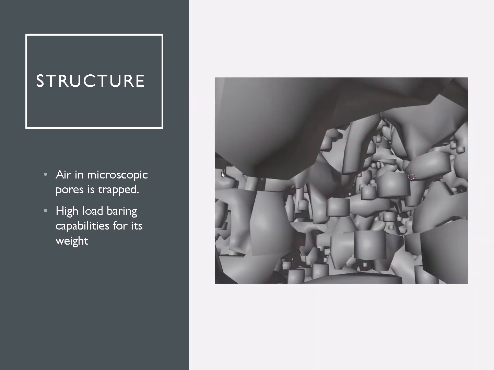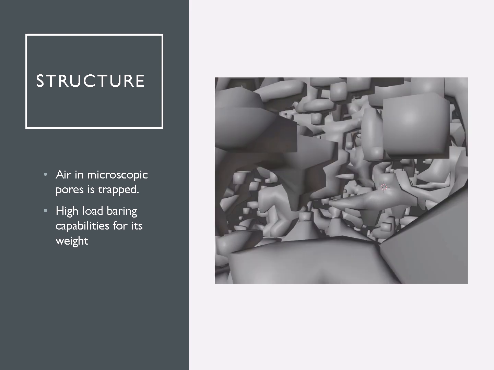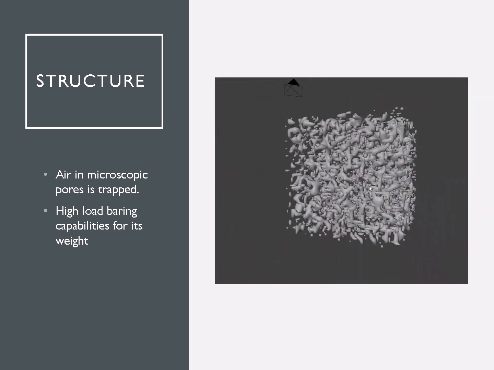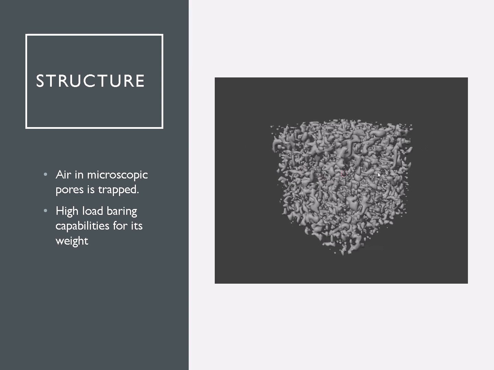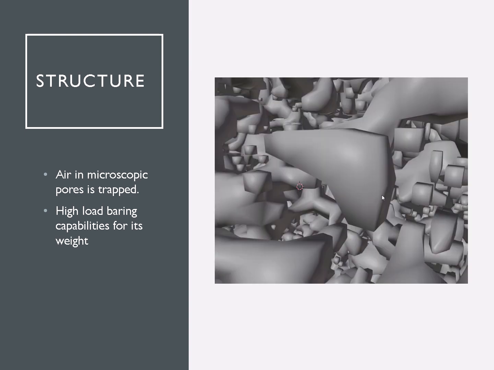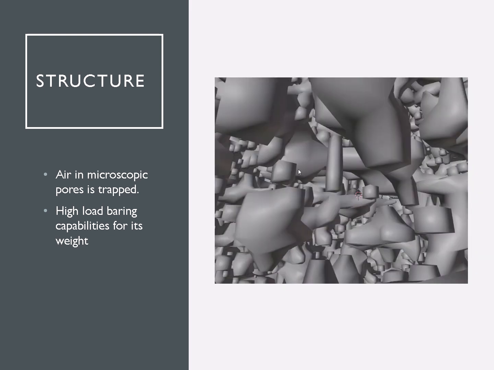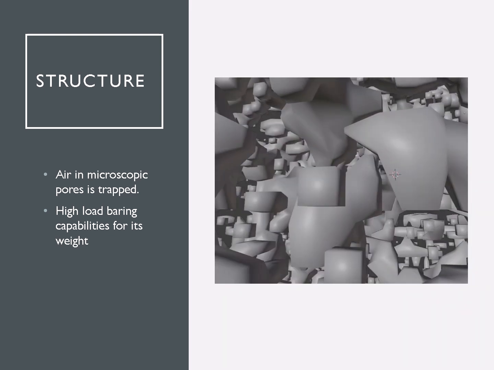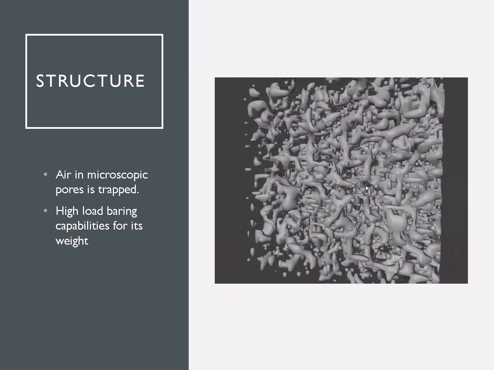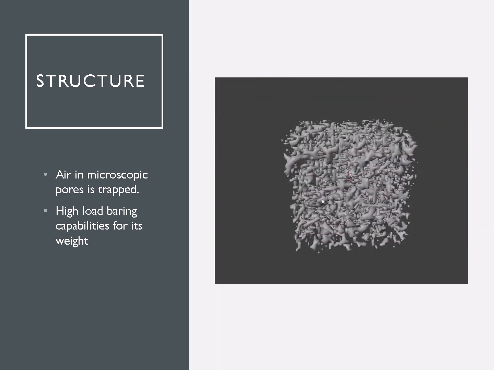Since the air is trapped, it has nowhere to move, which almost completely inhibits both convection and gas phase conduction, which is what makes aerogel such a good insulator. On top of this, aerogel also has very high load bearing capabilities, despite its extremely low weight.